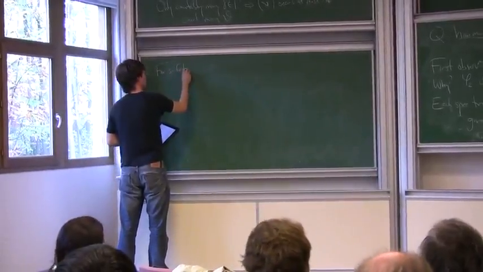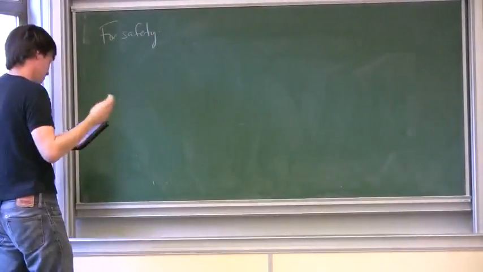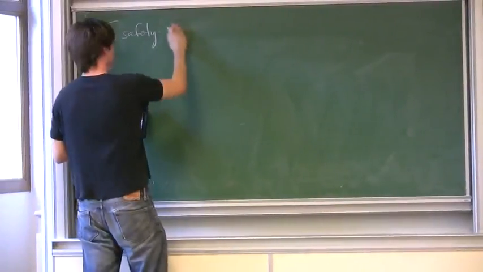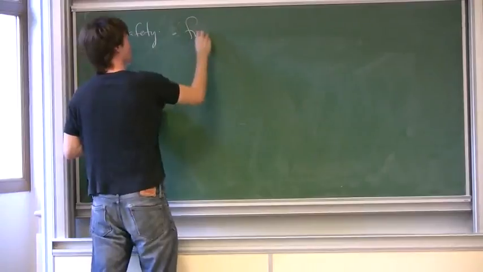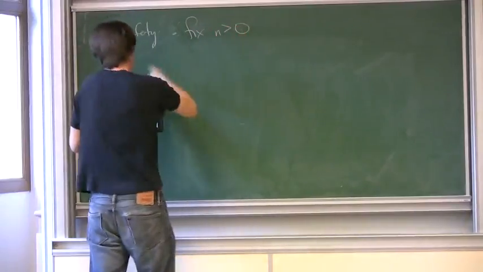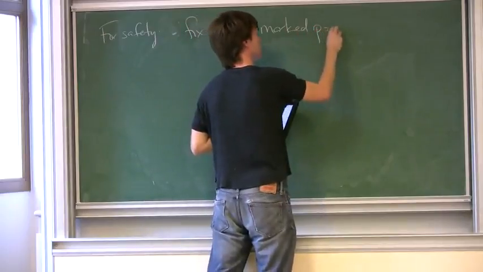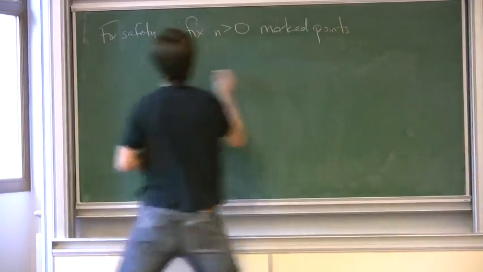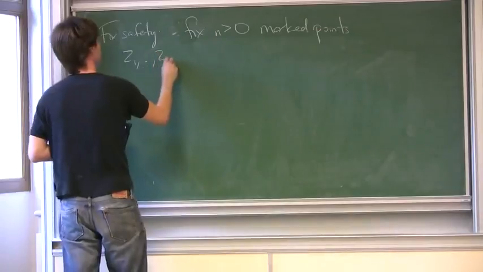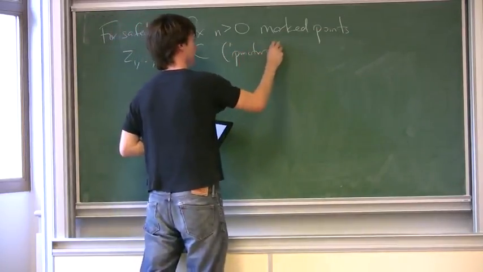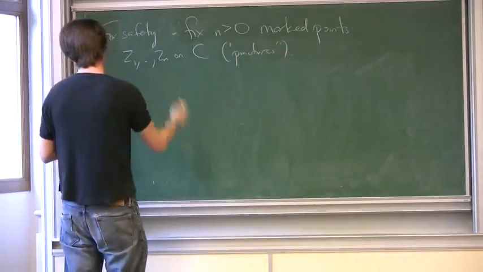So you should think of this as some technical thing which you would like to not do. But let's do it. So let's fix some marked points z1 up to zn on C, which I'll sometimes fall into the habit of calling punctures.